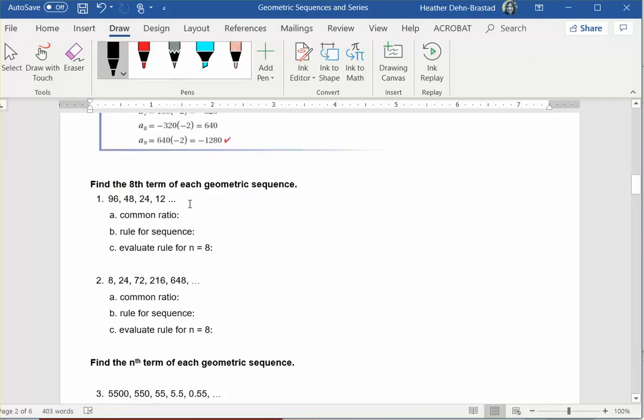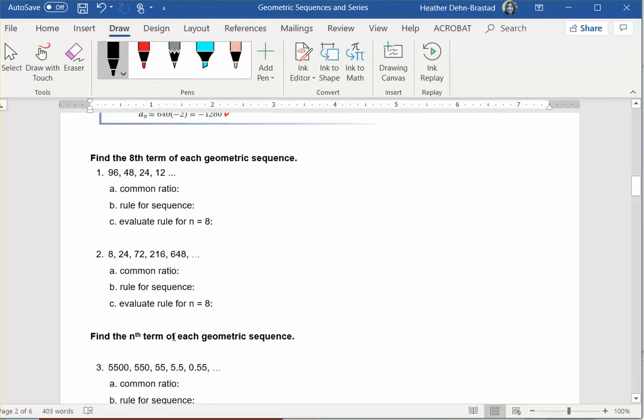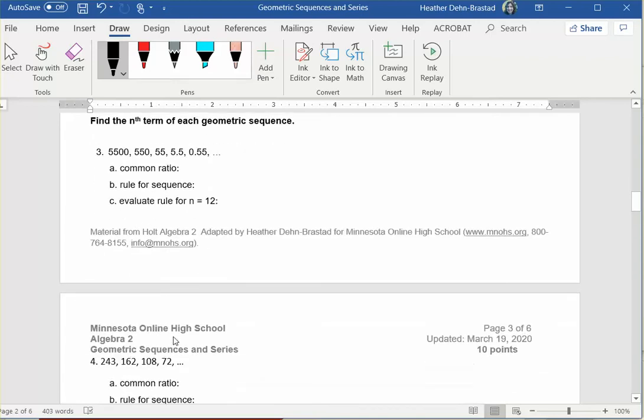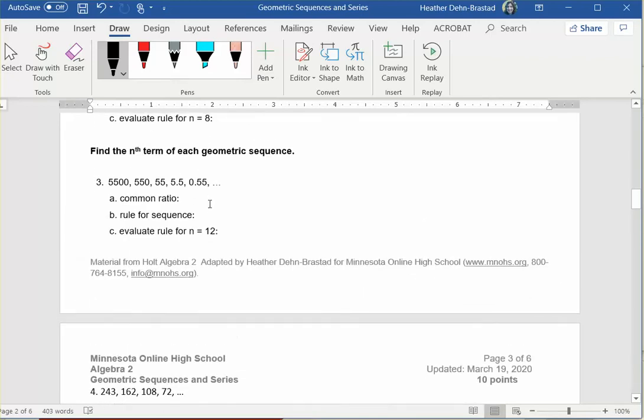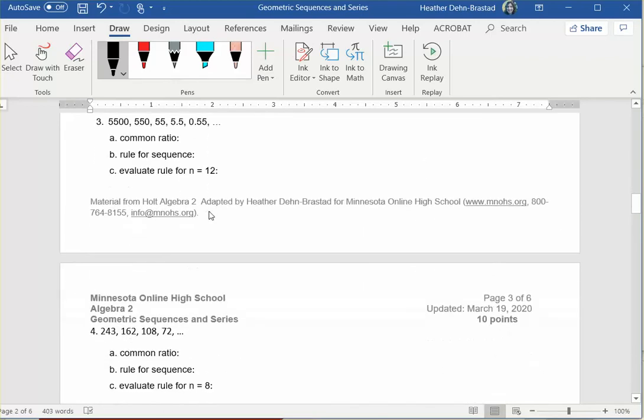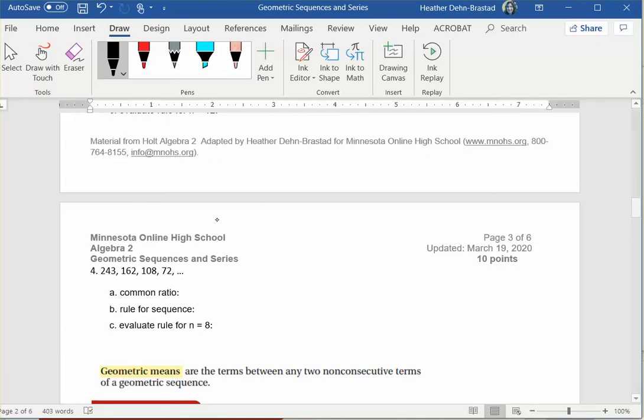All right, so we're going to do that for number 1 and 2. You're going to find the 8th term of each of these. And then in 3 and 4, you're going to find whatever term they ask you to find. So like in number 4, first we have to find the common ratio by dividing any term by the one before it.